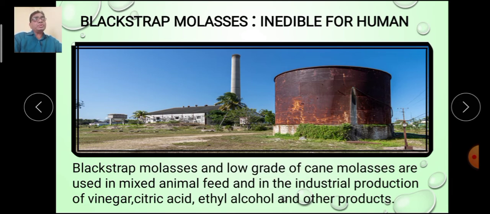Therefore this byproduct is an important byproduct of the sugar industry, and other products are also obtained from this molasses. Thus, we have seen the byproducts of the sugar industry. Students, learn these byproducts by heart.